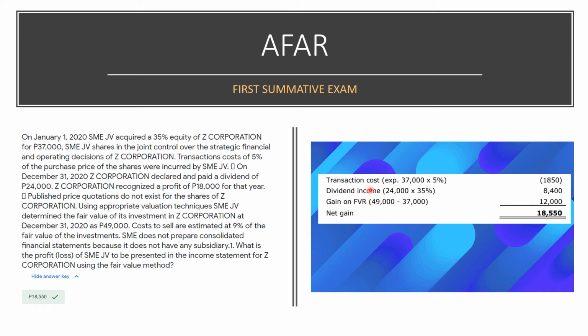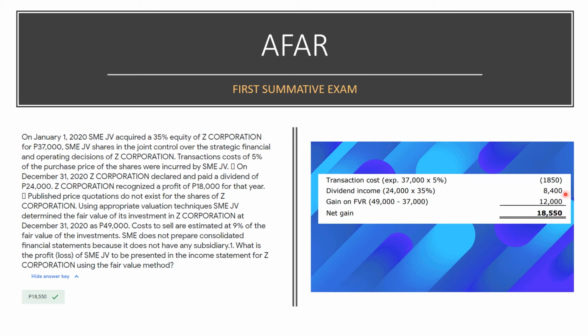So the transaction cost, so we have the 37,000, right? Okay, the 37,000 multiplied by the 5%, okay? The transaction cost, so that's 1,850. The dividend income, 24,000 of dividends, okay? Declared and paid dividends, 24,000 times 35% the equity.